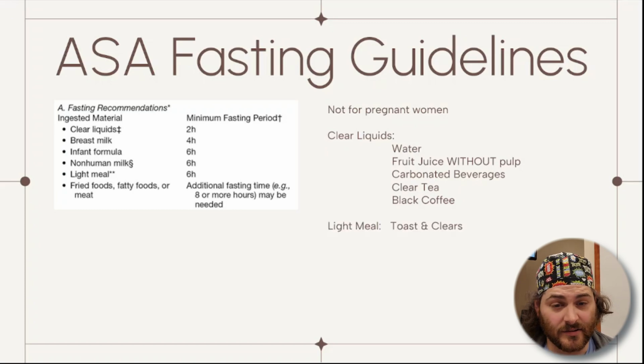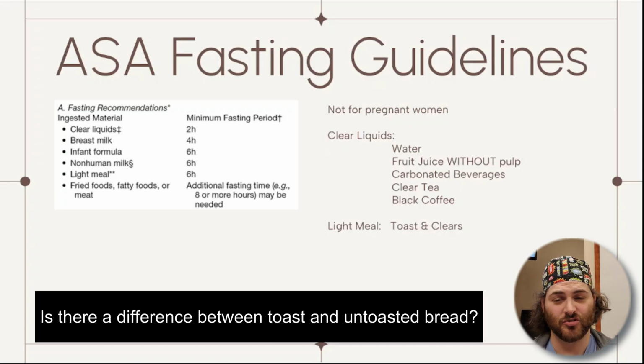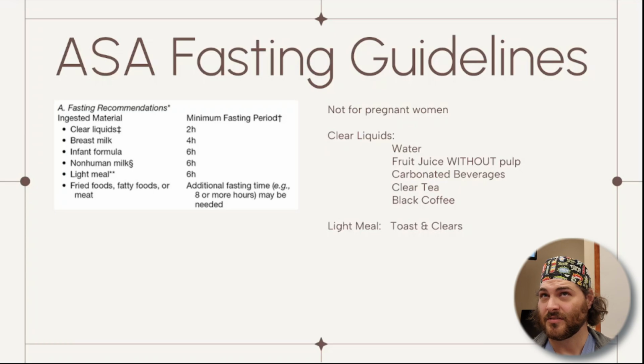What is a light meal? Pretty much the example they use is some toast and clear liquids. Not many people are really pulling off light meals when they're NPO. It's usually more stuff. Specifically toast. That's just the example that the ASA gives in their fasting guidelines.